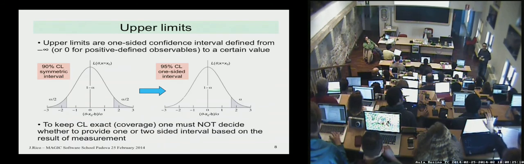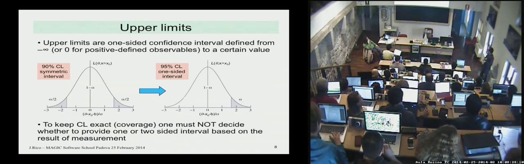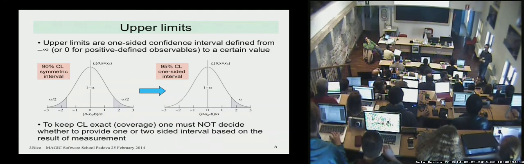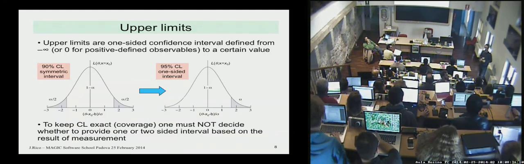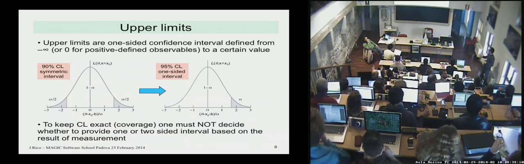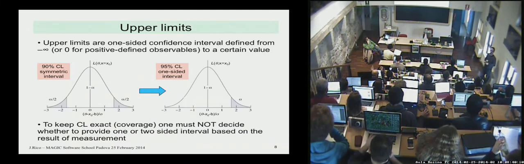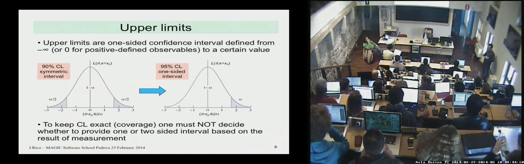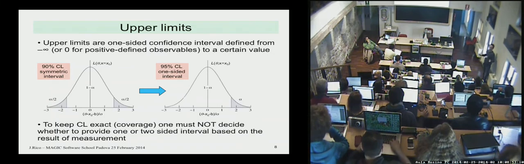So in the last point of the slide, you're saying that in principle, once we make a matching, we should not decide whether to make the upper limit or to compute the error bars for the estimated flux, for example, if you want to keep coverage. Let's put it in another way. When you decide whether to provide an upper limit or a double-sided interval based on your result, you lose coverage.